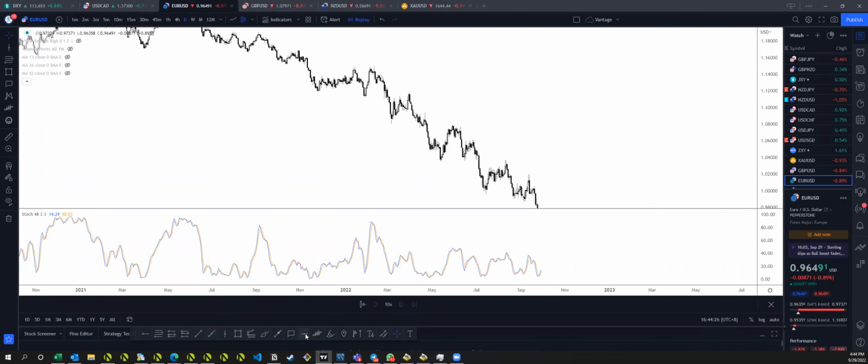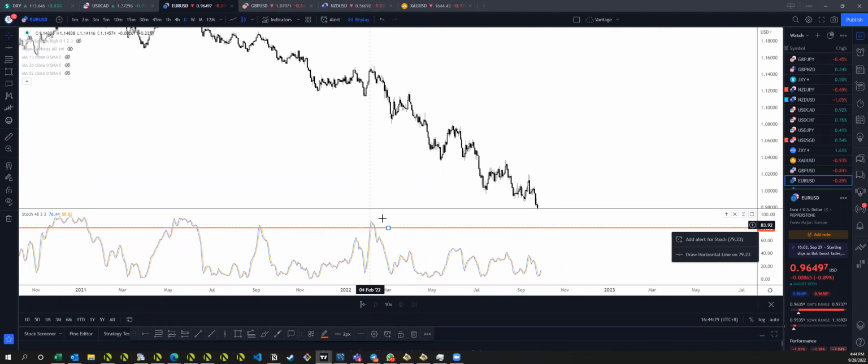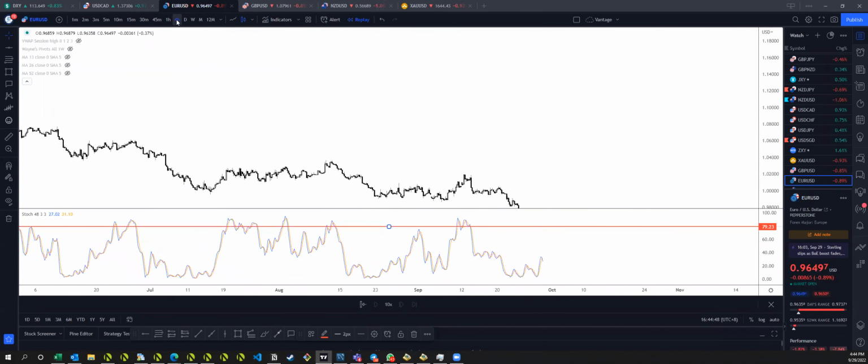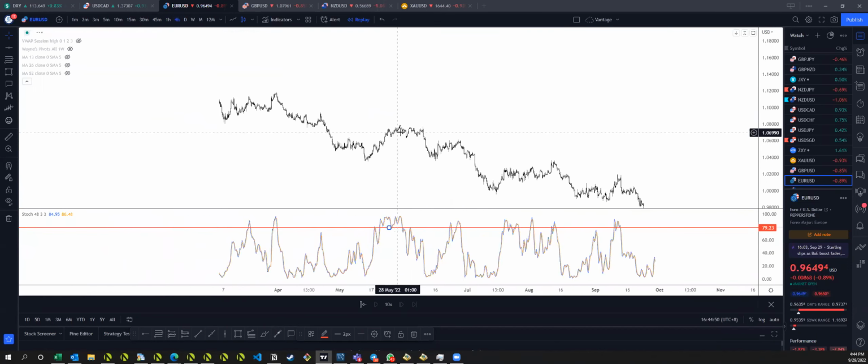Because again, we want to make sure that we are actually highlighting this area. We are only selling above the 80. So no signals for the entire year already, which means that you don't get to have any trades or any profits for this period. But if you want to use 48, let's just move down one time frame, to 4 hours, and see the number of signals.